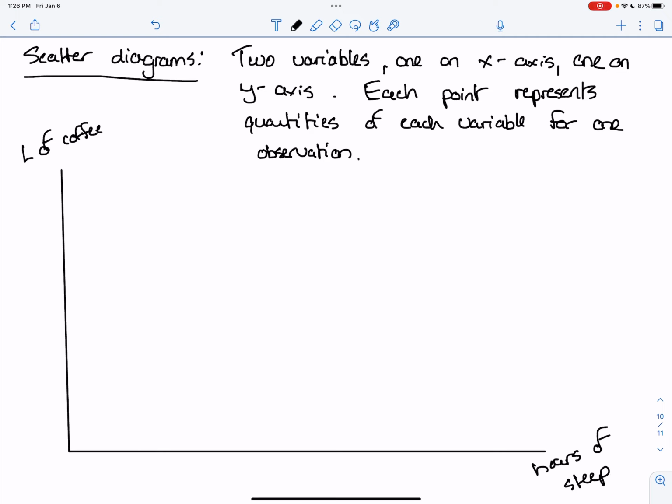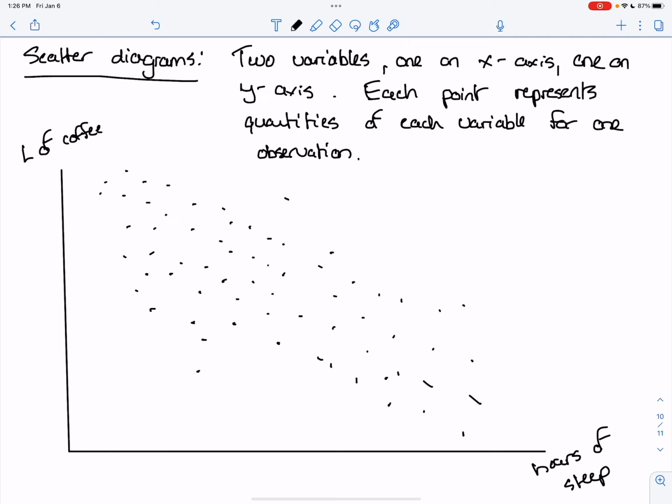And then we have a bunch of data points, so we might have something that looks like this. Each of these data points represents one individual. They don't have to represent individuals, but in our case, I'm stating that they each represent an individual.